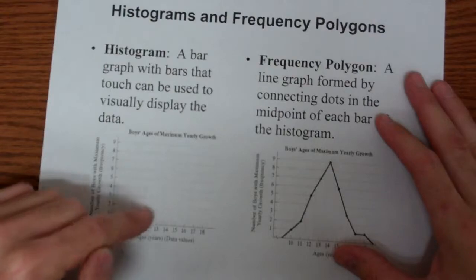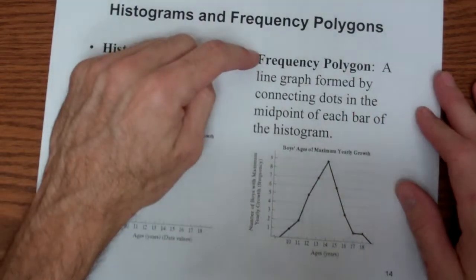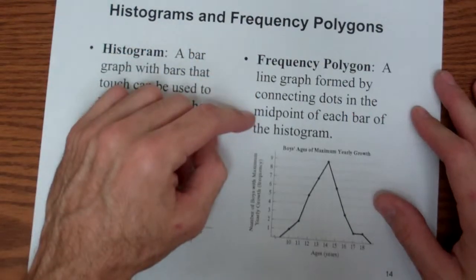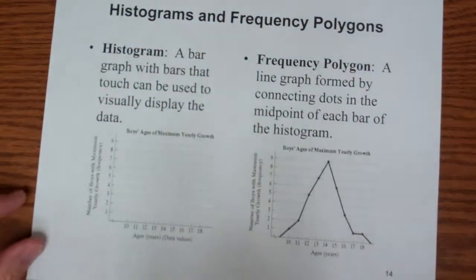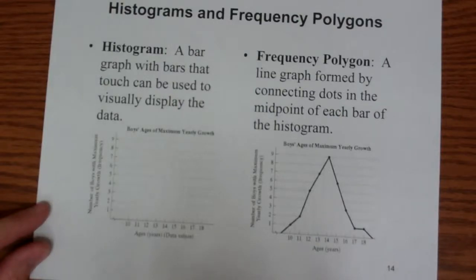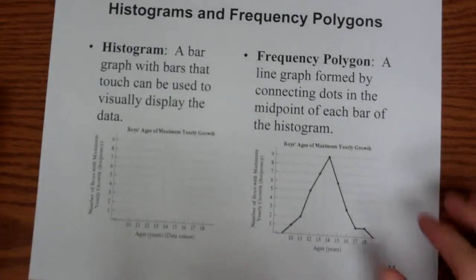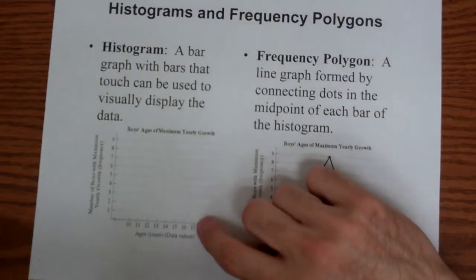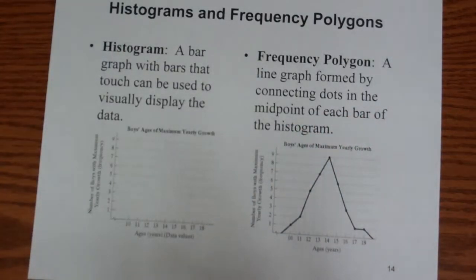And so these are the data. A frequency polygon is a line graph formed by connecting the dots in the midpoint of each of the bars of the histogram.